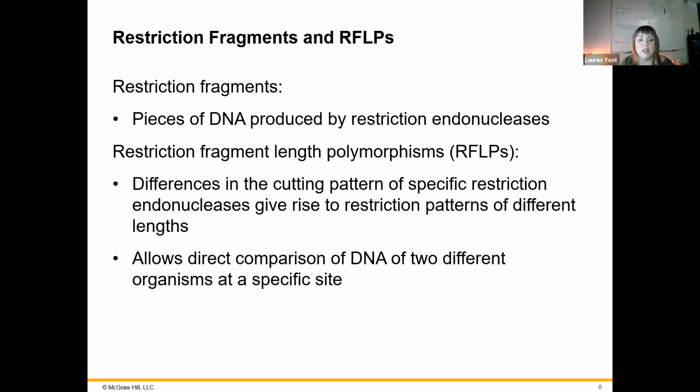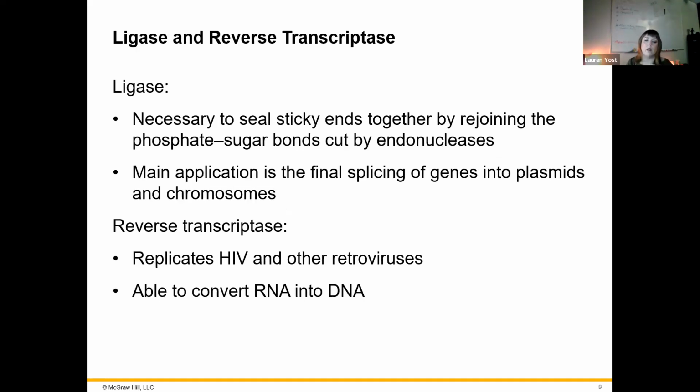So the differences in the cutting pattern by those restriction endonucleases give restriction patterns of different lengths for everybody and every organism. So this allows comparison of the DNA between two organisms at a specific site, because you're not looking at the whole genome typically, you're looking at a piece of it. So we can identify people based on similarities. If all of it's the same, then it's more likely that that would be the killer, right?